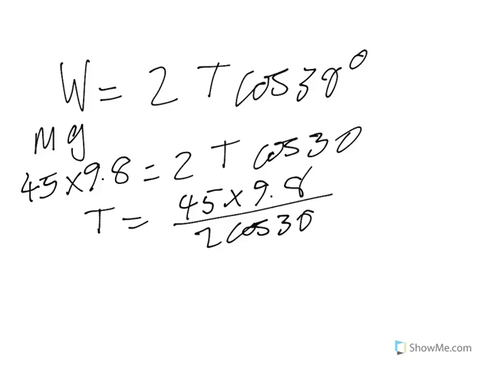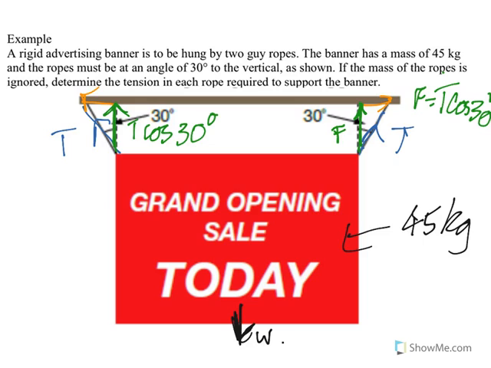You can stick that in your calculator, and when you do that, you find that the tension is 254.6 Newtons. I've done it slightly differently in the notes, but essentially it doesn't matter whether you do it this way or the way I've done it in the notes. You can still get the same answer, of course.